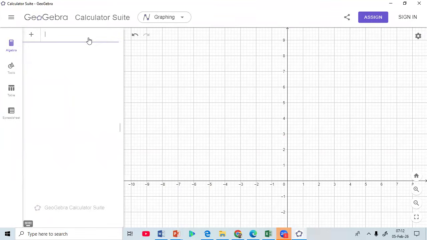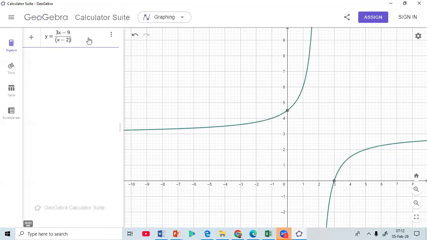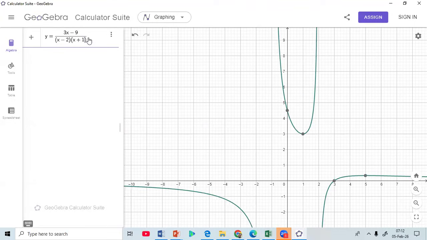In case you wanted to visualize it on your graph, you'd have had something like this: y is equal to (3x minus 9) over (x minus 2)(x plus 1). You'd have had something like that.